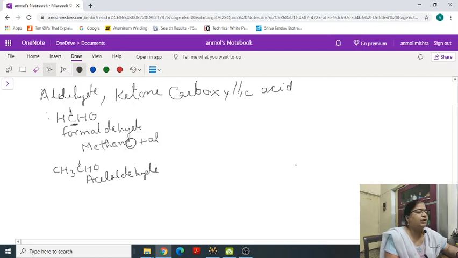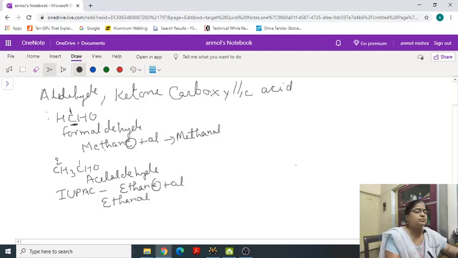But 1 and 2, so IUPAC name will be, for 2 carbon we will write down ethane, remove e and add -al suffix. So, name will be ethanal. Here it will be methanal.